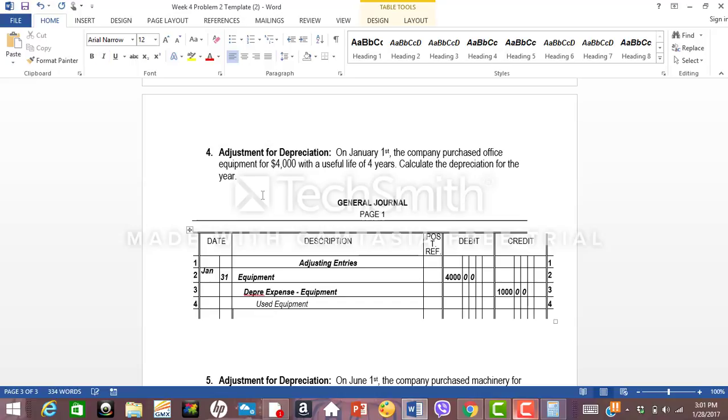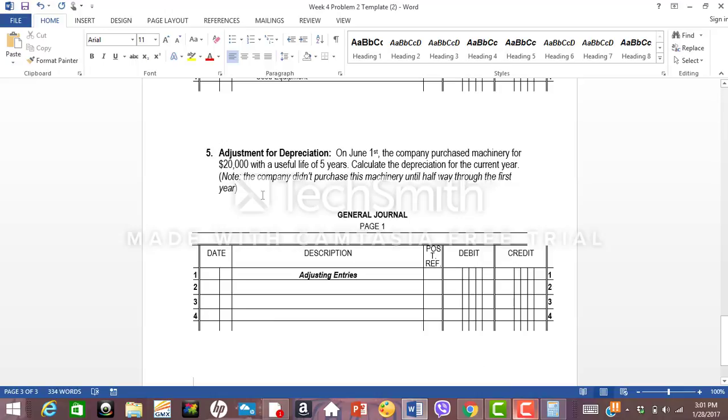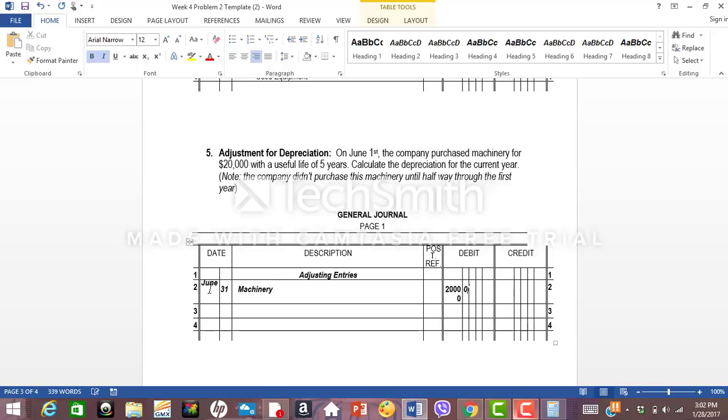Okay, and then we have the final one, which is adjustment for depreciation. On June 1st, the company purchased machinery for $20,000. Okay, so on June 1st, so this would be June 31st. It would be machinery or equipment, and it was for $20,000.